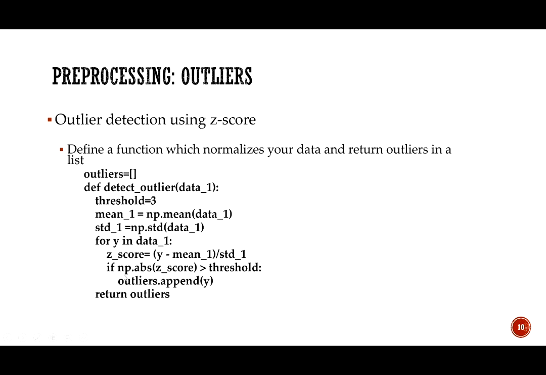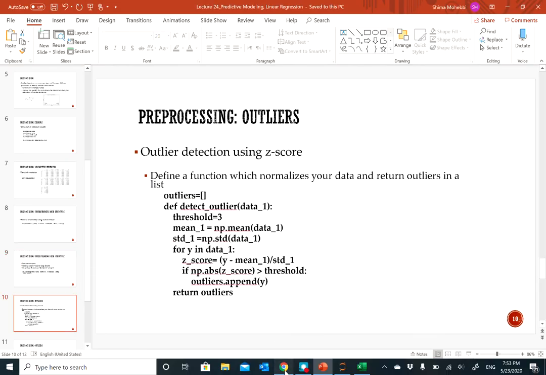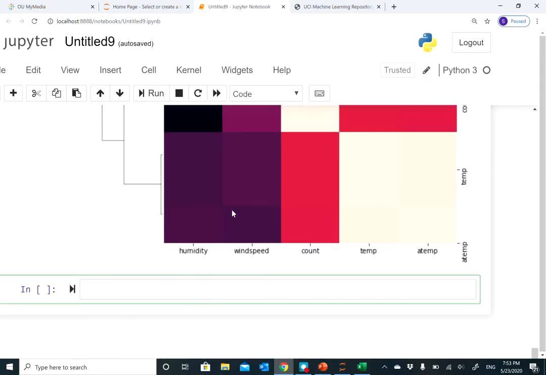And then now we have the selection statement. If the absolute value of z-score is more than threshold, then we add it to the outliers list using the append method. And at the end, we return outliers. So if we don't have any return statement in our function, then we are not able to see the result. Now let's define this function in a notebook and apply it to one of the variables in our data set.